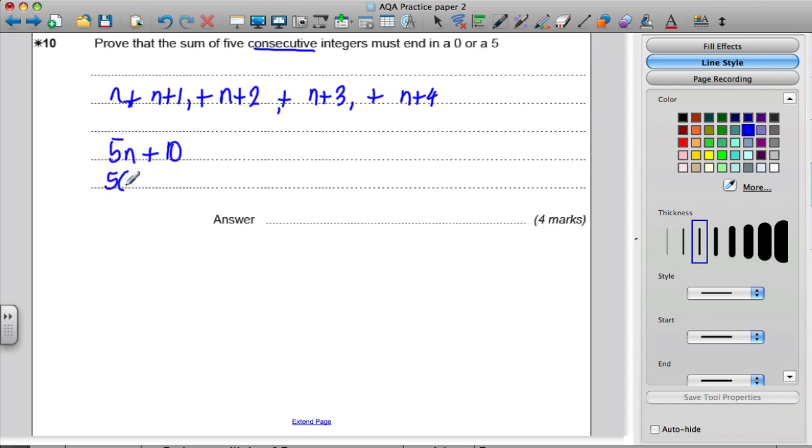Well, 5 does. 5n divided by 5 is n. 10 divided by 5 is 2. Hence, I've shown that when I add 5 consecutive numbers, this is my answer, and that's a multiple of 5. That's a multiple of 5 because it's 5 times a whole number, so ends in 0 or 5.